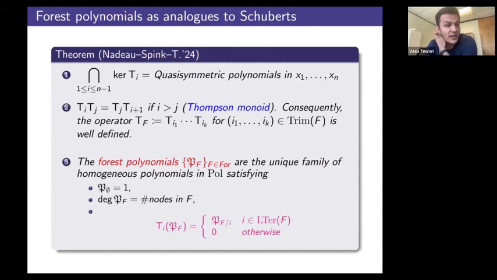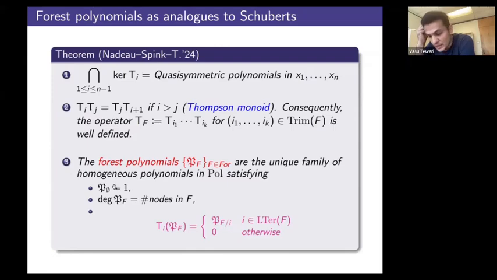It was actually well known, even Wikipedia knows this, that the compositions of these T operations, this monoid, are encoded by binary trees, which addresses Sam's question as well. So when you compose these T's, you get forests coming up organically. So that's statement 2.